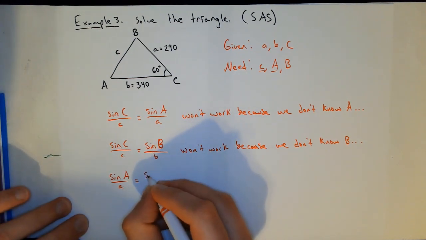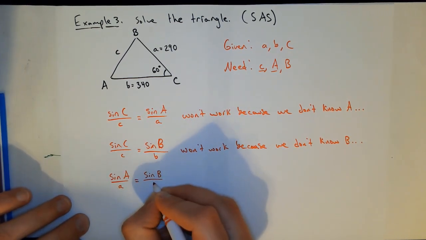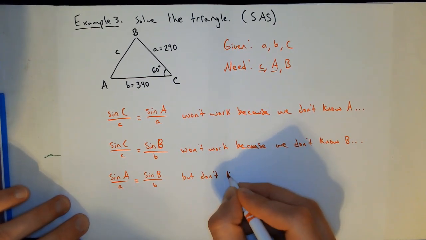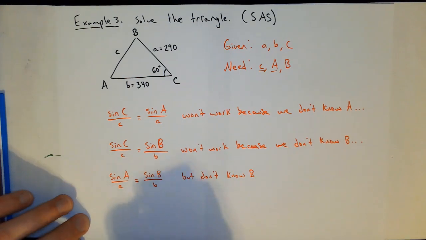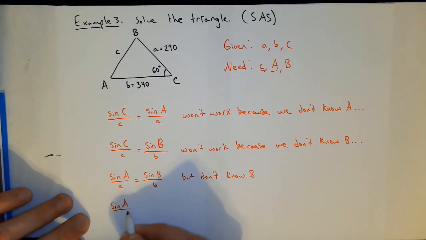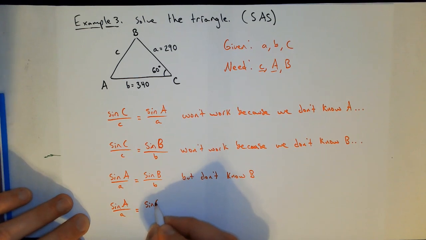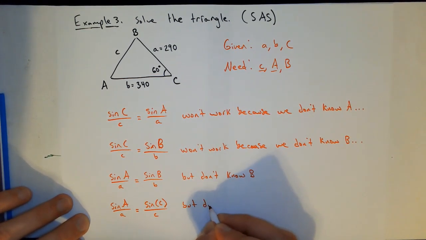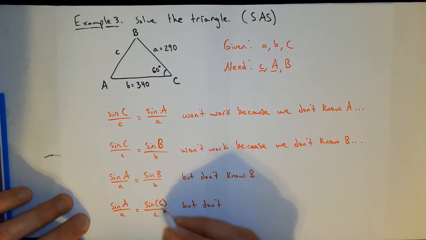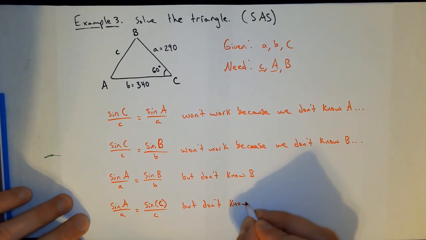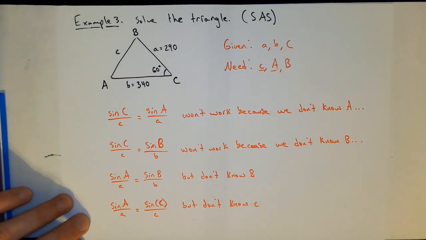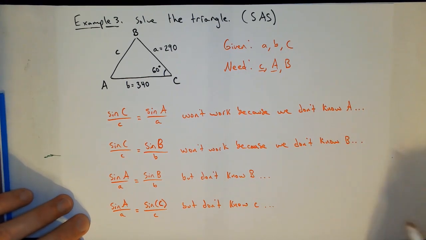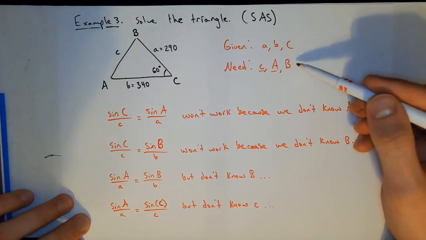I can pick sine of B over little b, but I don't know B. I could try sine of A over a equals sine of C over little c, but I don't know little c. So in either of these cases, it won't work to find A, and a similar thing is going to happen for B.